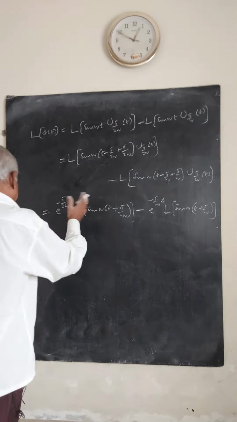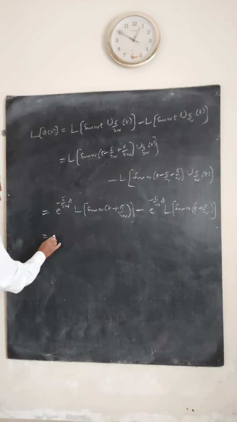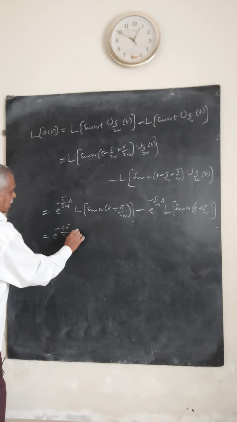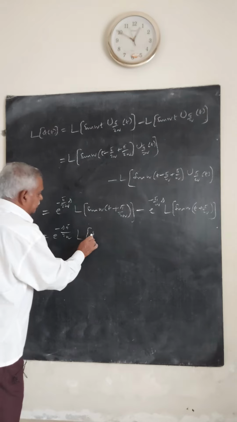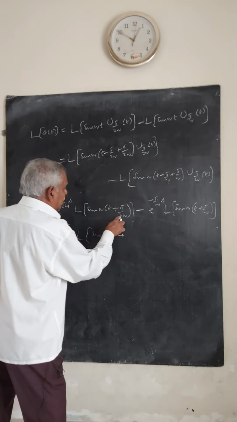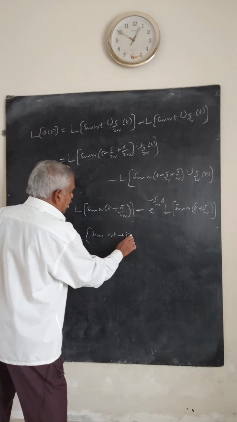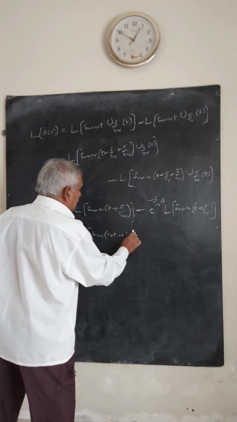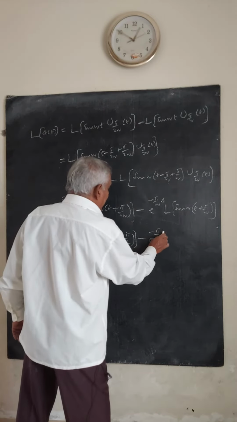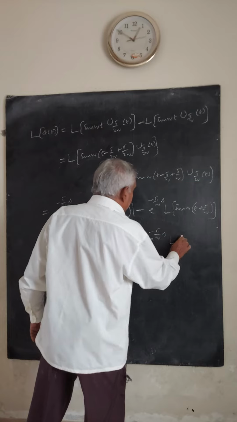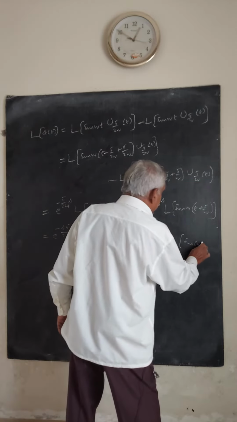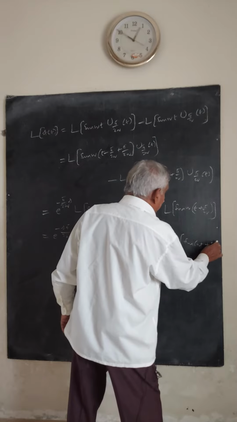The unit step function is applied: e power minus s pi by 2 omega L of sin omega t plus pi by 2, minus e power minus s pi by omega L of sin omega t plus pi.